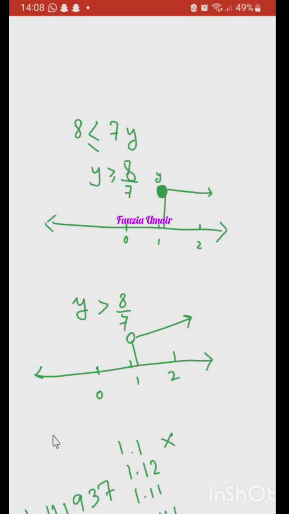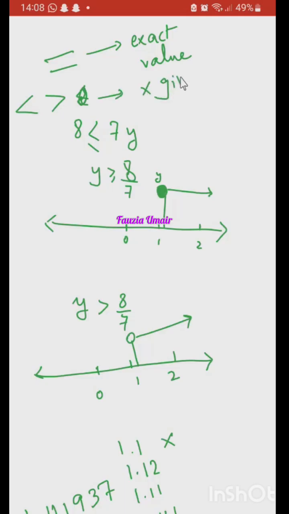You have to understand that an equality sign gives you one exact value, but these inequalities do not give you the starting point, especially for rational numbers. If they ask what is the smallest value y will get, but the value should be an integer, the smallest integer y can have, then 1.1 is not possible, 1 is not possible, but 2 works. So the answer would be 2. Are you getting this point?